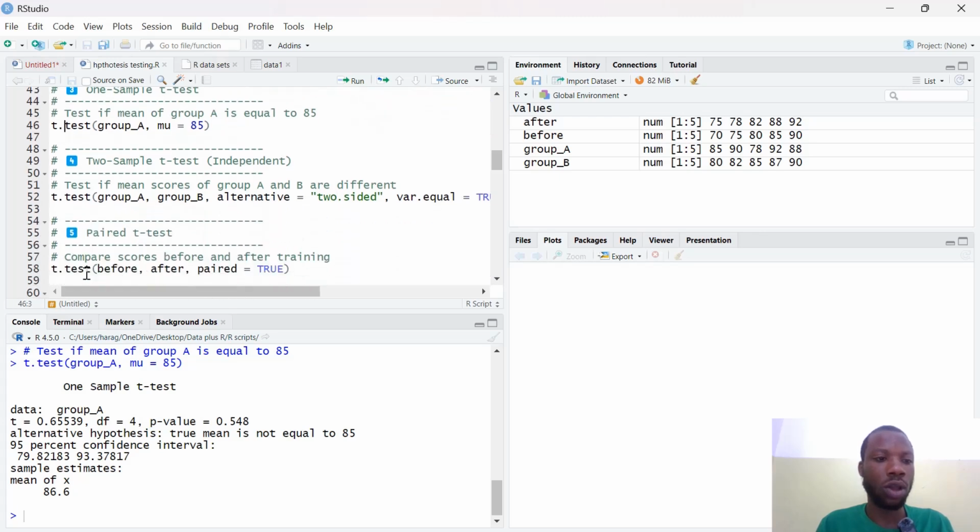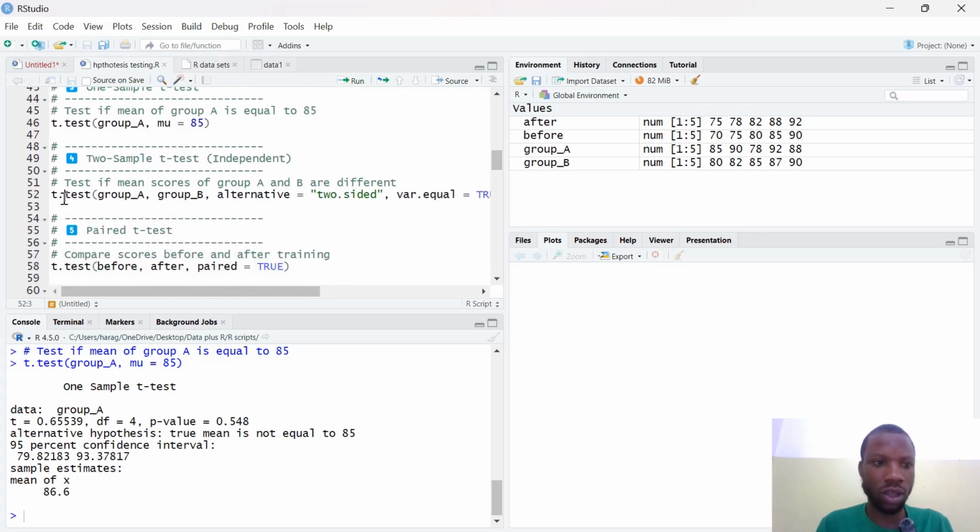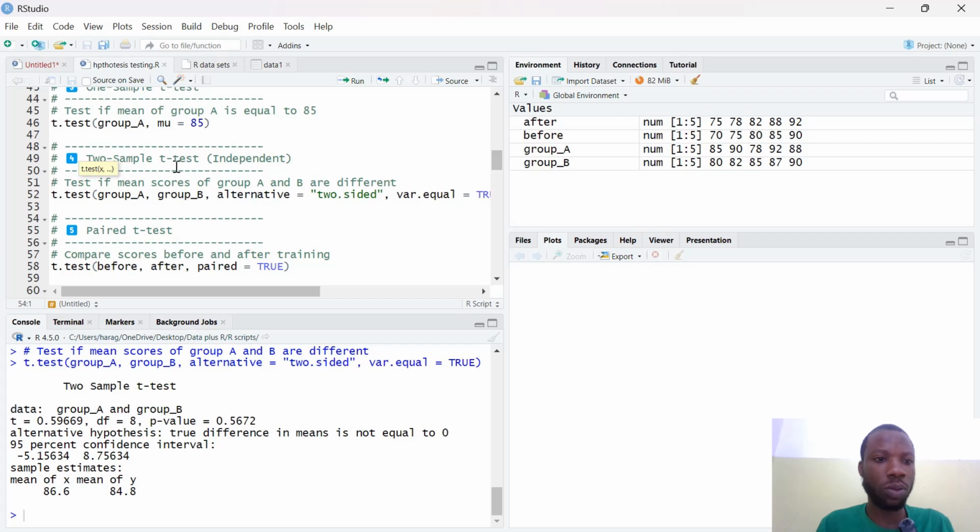Proceeding on this, we look at the two sample t-test. We are trying to test if the mean scores of group A and B are different, and we see that the p-value is still greater than the level of significance. The alternative hypothesis says the true difference in means is not equal to zero, which would mean that there is a difference.